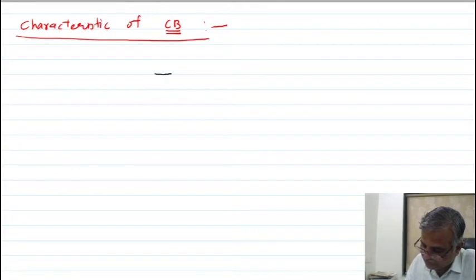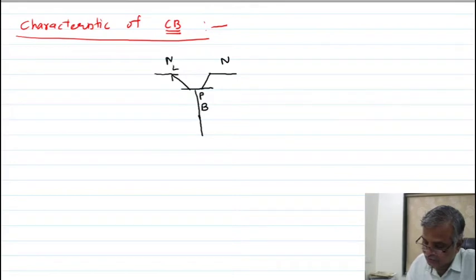See, this is the circuit diagram. First you must know this is your common base configuration. This is your N, P, N. This is your base. This is your emitter. This is your collector.